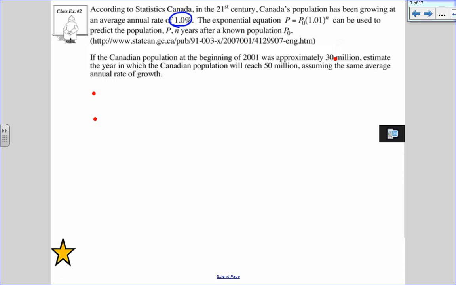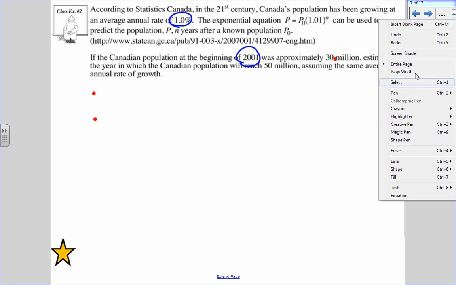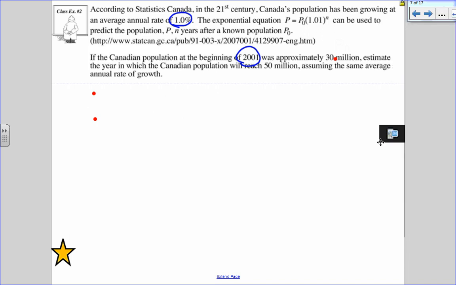So if the Canadian population at the beginning of 2001 was approximately 3 million, that 3 million is going to be the amount that I'm starting with. That's going to be P sub 0. Estimate the year in which the Canadian population will reach 50 million, assuming, that's a big assumption, the same average annual growth rate. So here's my formula, substituting in 3 million for my original or initial value.